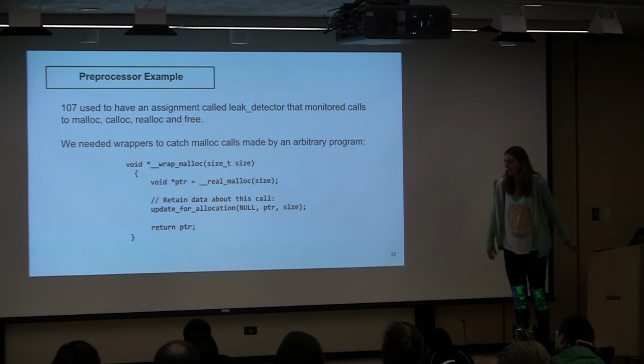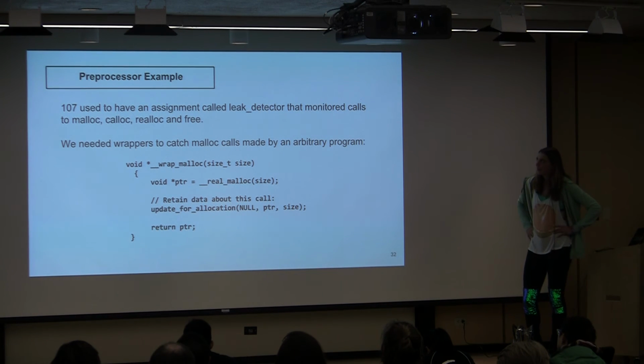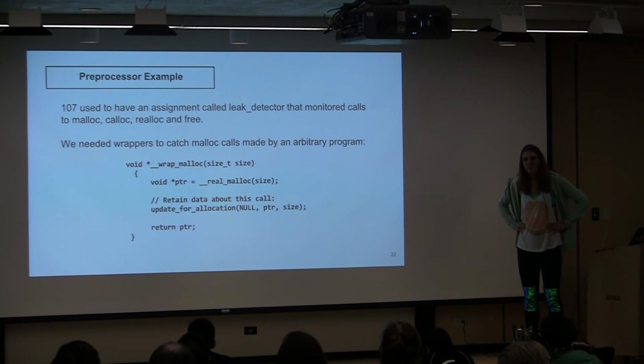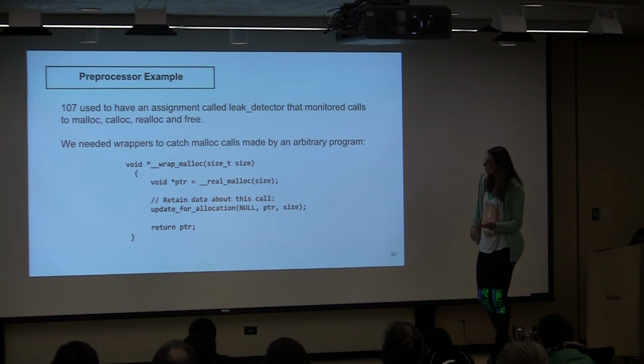So since we have tons of extra time, I'm going to talk about an example from a previous quarter where we use the preprocessor to do some work for us. This is not something that you'd have to be able to reproduce, but if you could follow it, that would be a good indicator that you understand how the preprocessor works.